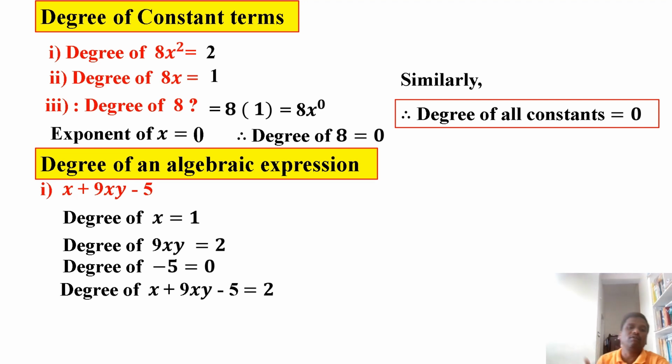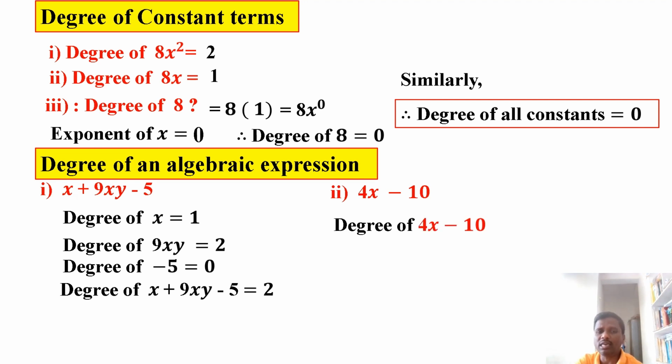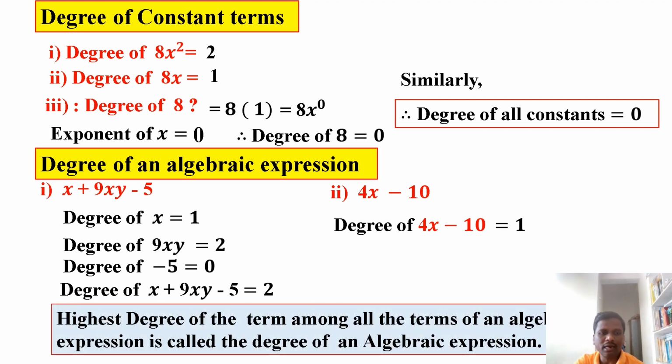Which degree is the highest here? 2 is the highest degree. That's why the degree of x plus 9xy minus 5 is 2. And next, 4x minus 10. Similarly, we find the degree of 4x minus 10 is 1. The highest degree of the term among all the terms of an algebraic expression is called the degree of the algebraic expression.